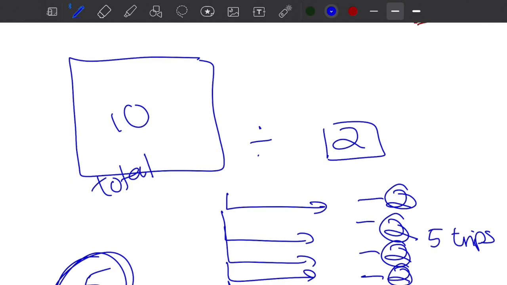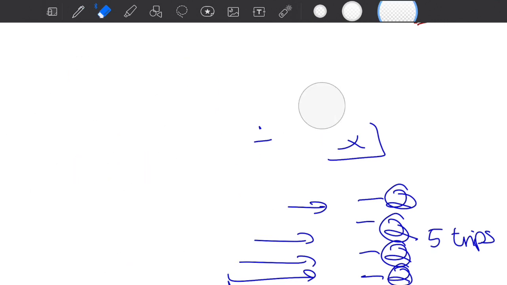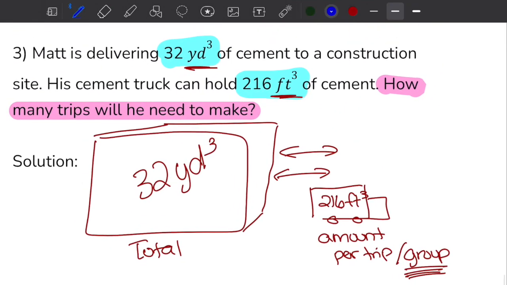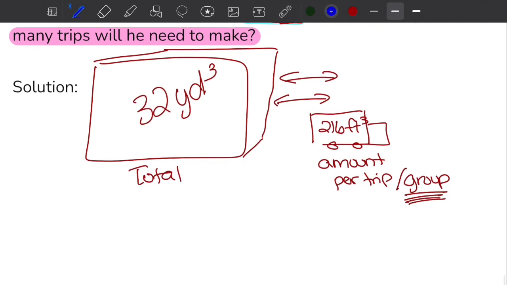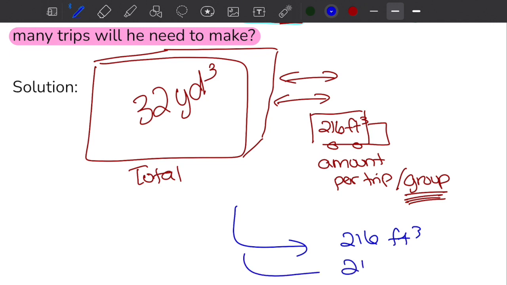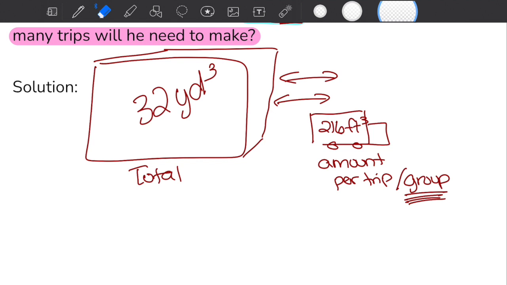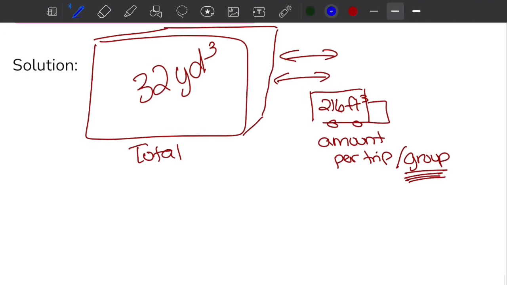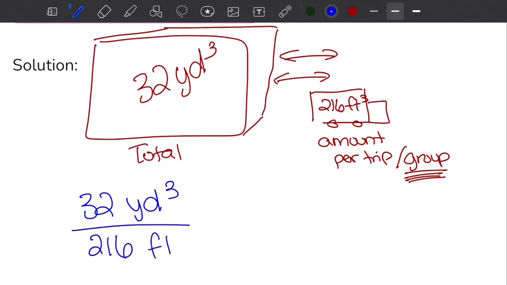So what we're going to do here in our example, let me just erase this, is we're going to take the total, which is 32 yards, and we're going to divide it by 216 cubic feet, because each trip is going to be 216 cubic feet, 216 cubic feet until we run out, okay? So we have to divide them. So let me set that up. So it's going to be 32 cubic yards divided by 216 cubic feet.